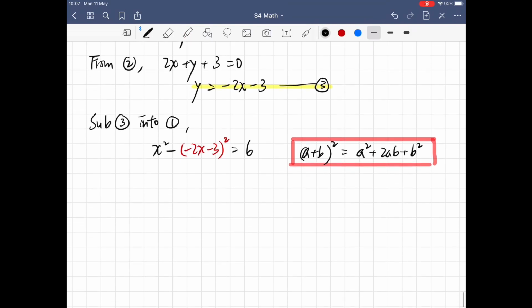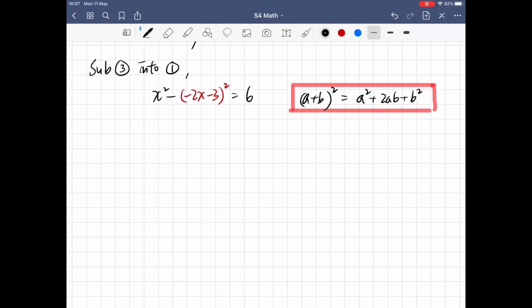Okay, so we have x squared minus, okay, (negative 2x) squared plus 2 times negative 2x times negative 3 plus (negative 3) squared.